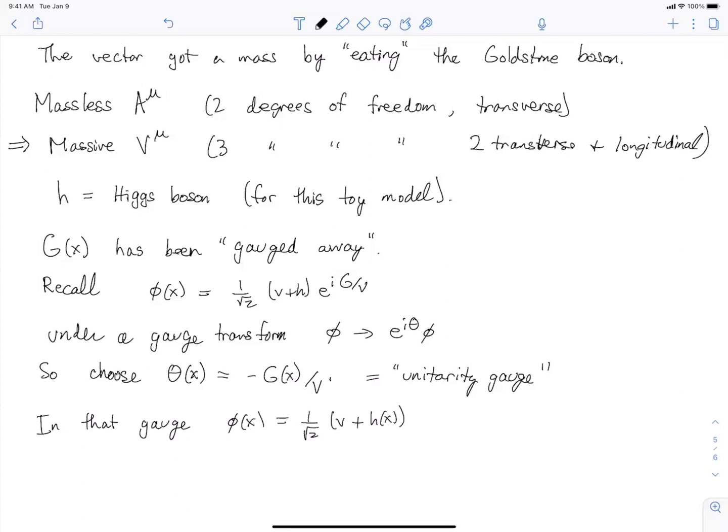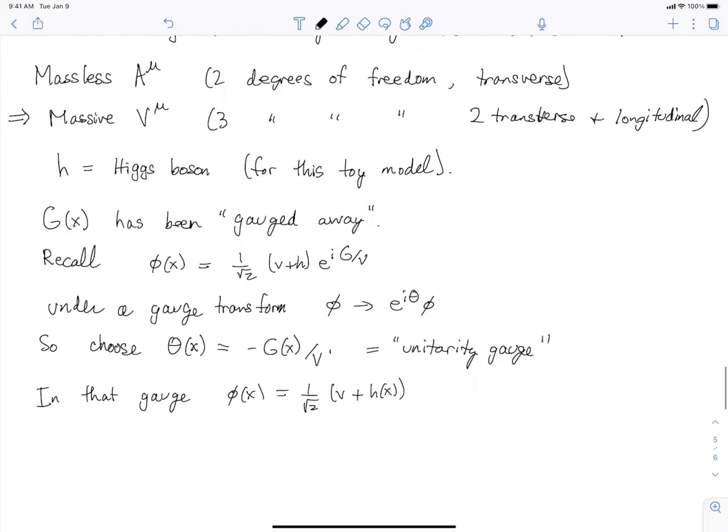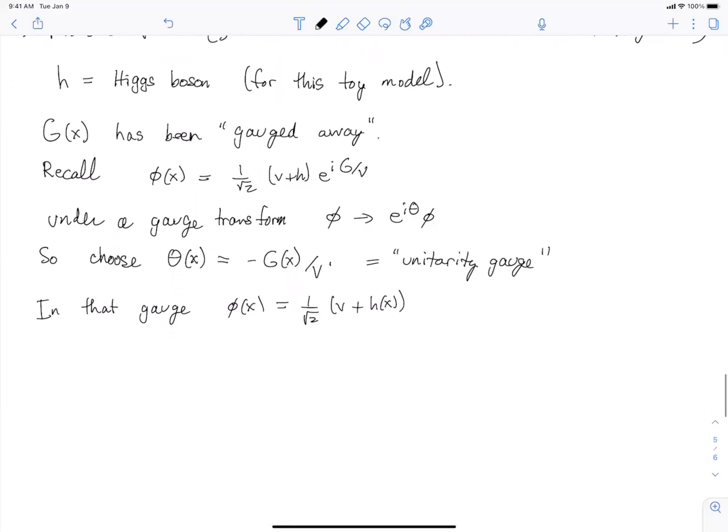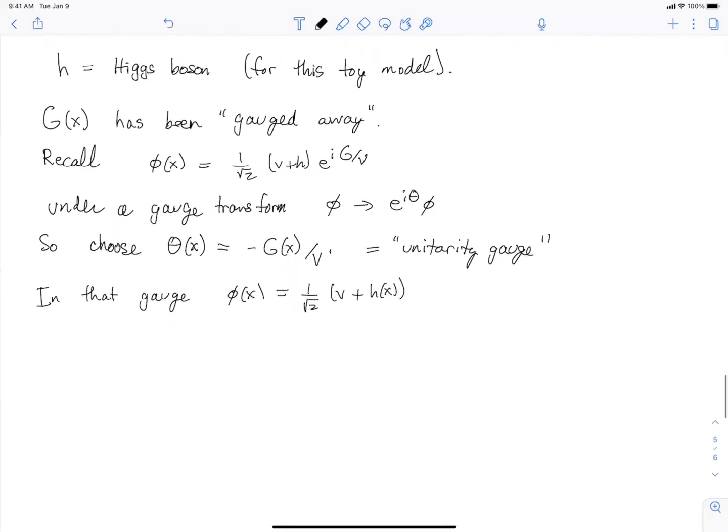Okay, so that was why it was sort of inevitable that there had to be a way of writing the theory in such a way that G did not appear. Okay, so V_mu, in this way of saying things, is the unitarity gauge version of A_mu.